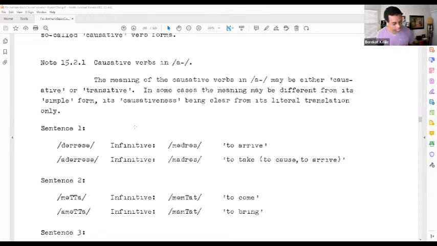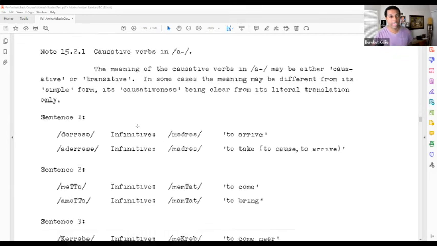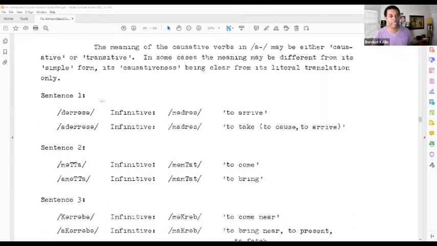In some cases there may be a difference in meaning from the simple form, but we'll see from the literal translation what that causativeness is. As an example, in sentence one, you have darasa and madras, which means to arrive, he arrived. And then in the causative form, you have adarasa and madras, which is to take.